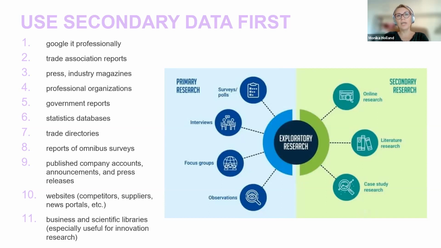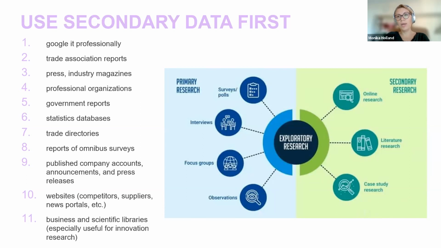So we will gather this information, again, statistics, government reports, professional organizations, associations, websites, even going on the competitor websites, looking at their customers, suppliers, and so on. So we can gather quite a lot of information ourselves without even talking to anyone.